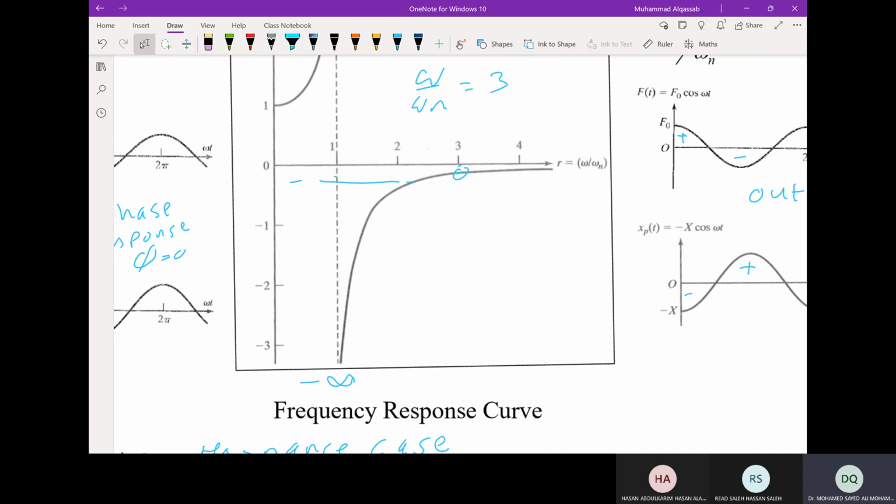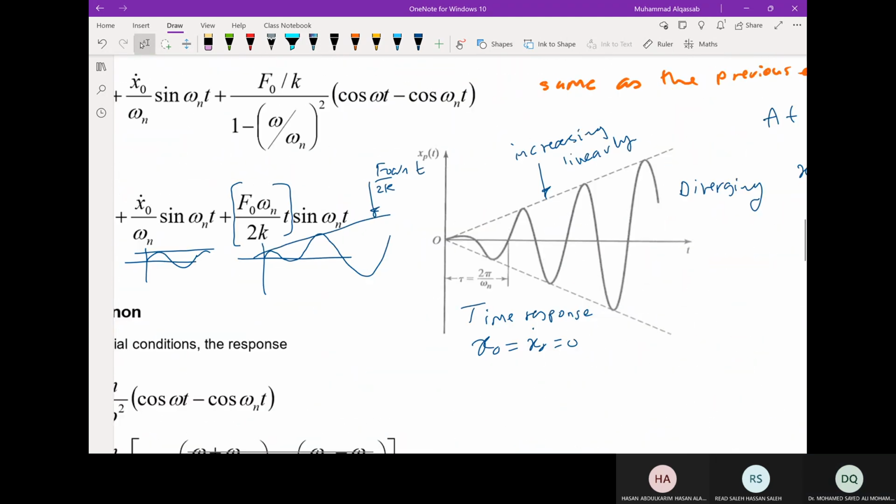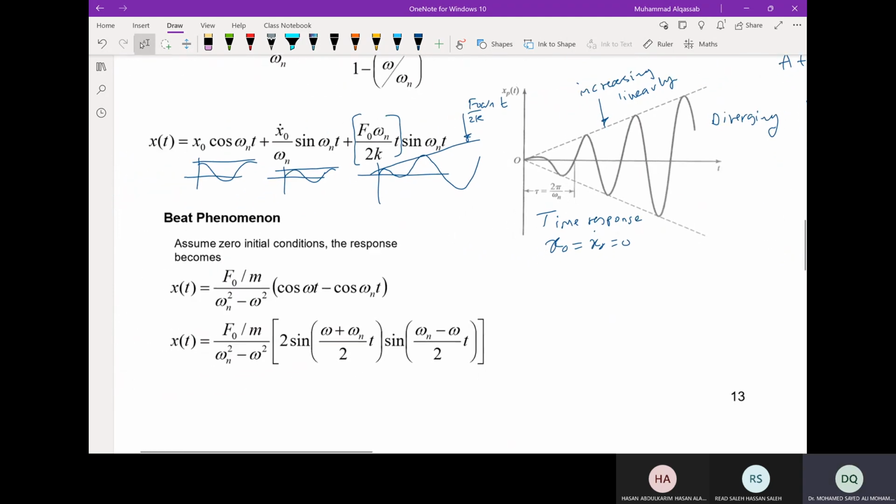The problem in machines is usually the imbalance, and the imbalance is related to the rotating speed. So if you have machines running at high speed, the amplitude is going to be very small. But if it is at resonance, it will have a problem.